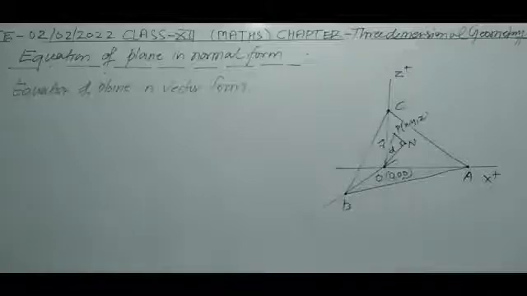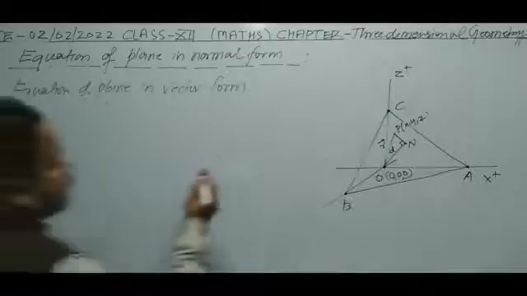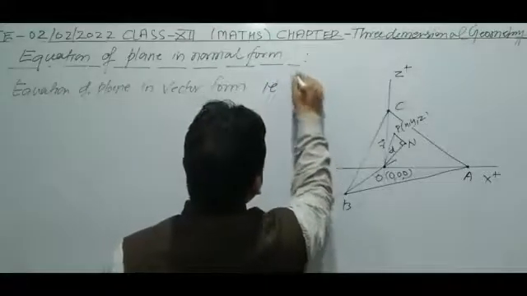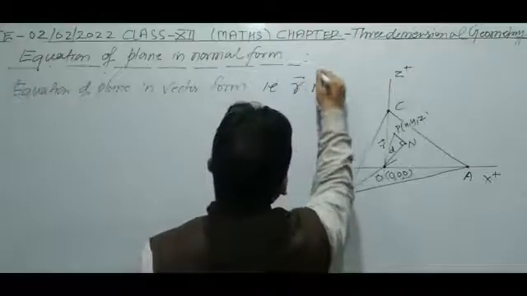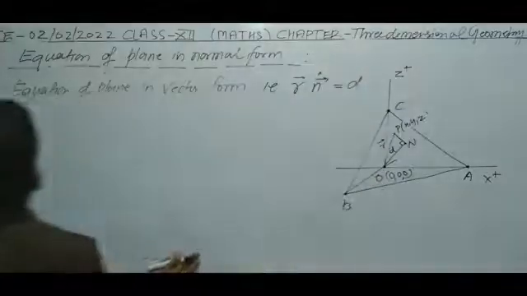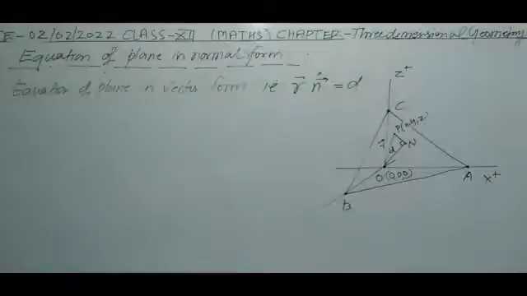So that is r vector dot unit vector is equal to d. Now we are going to convert in Cartesian or normal form.